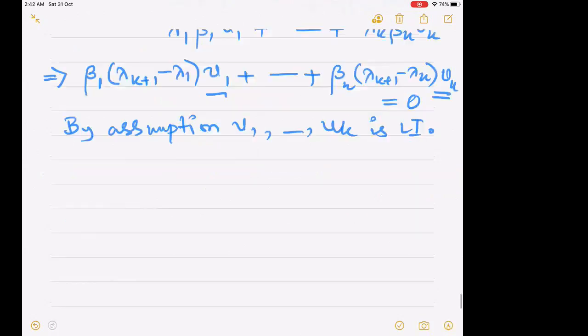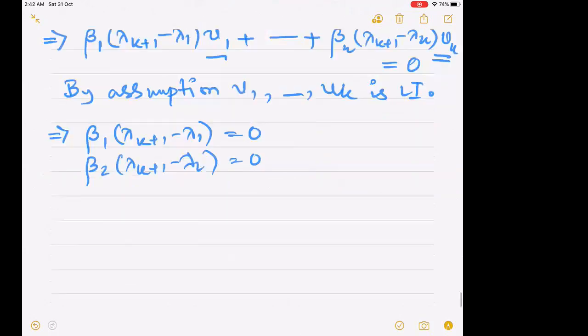If v1 up to vk is linearly independent, then this implies beta 1 (lambda k plus 1 minus lambda 1) is 0. Beta 2 (lambda k plus 1 minus lambda 2) is 0. So on, beta k (lambda k plus 1 minus lambda k) is equal to 0.